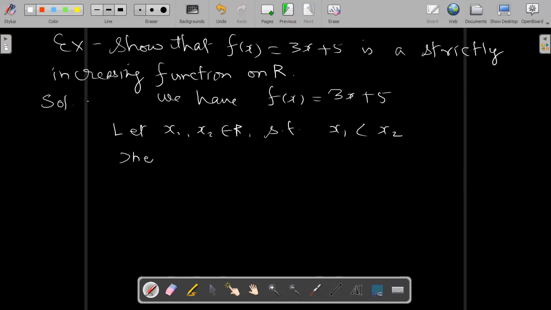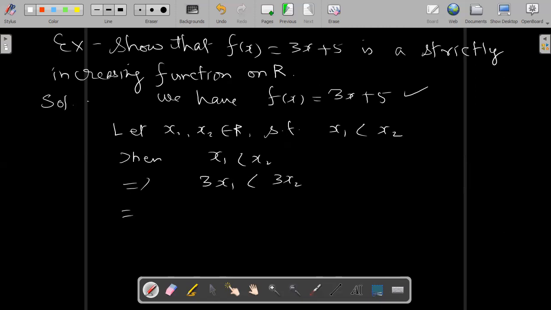Then as x1 is less than or equal to x2, we can multiply both sides by 3. So this will become 3x1 is less than or equal to 3x2, because we have to make 3x + 5.